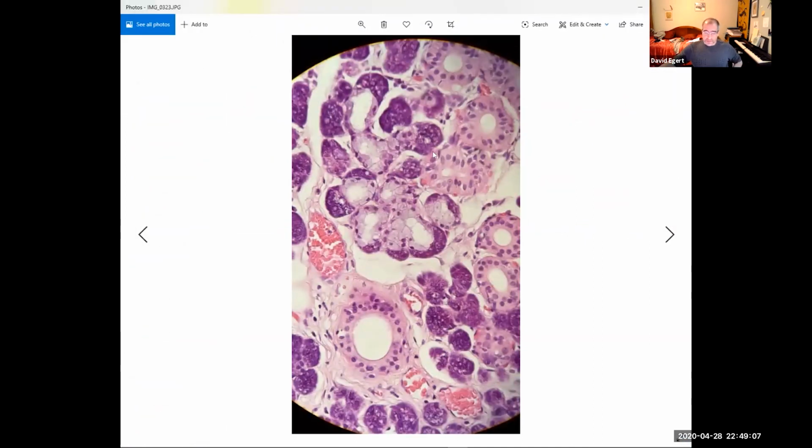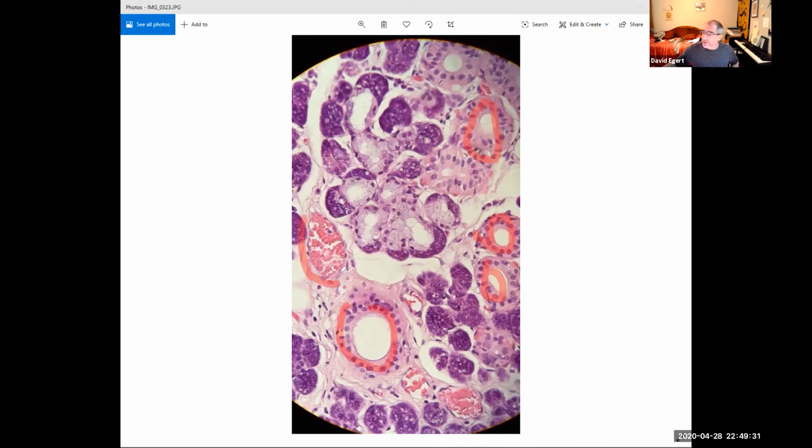so this is a picture of the submandibular gland, and it's just showing really nice. You can see a variety of the things we've been talking about. You can see ducts, cuboidal epithelium making tubes. You can see blood vessels.